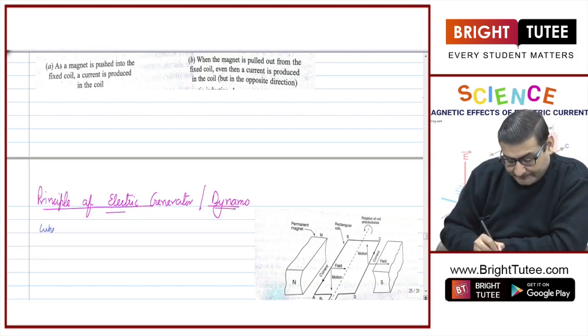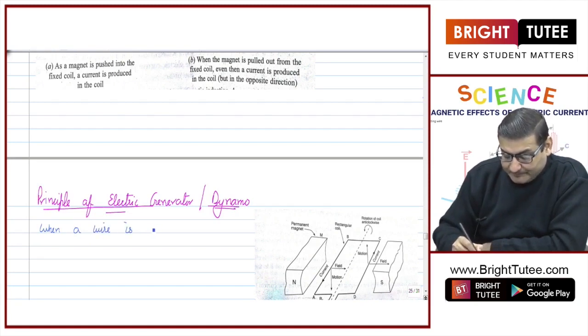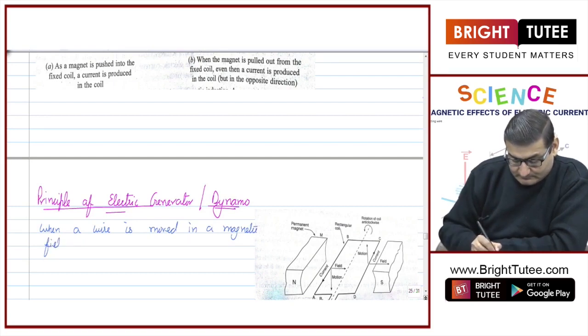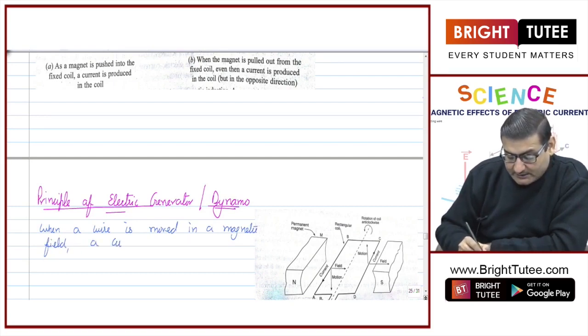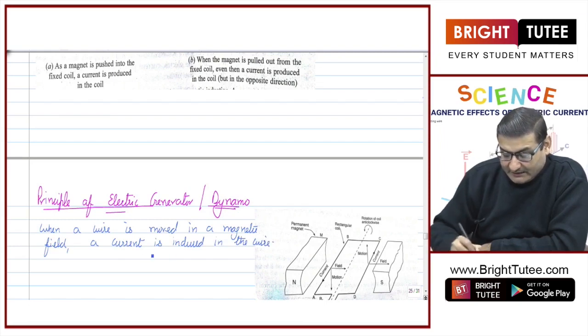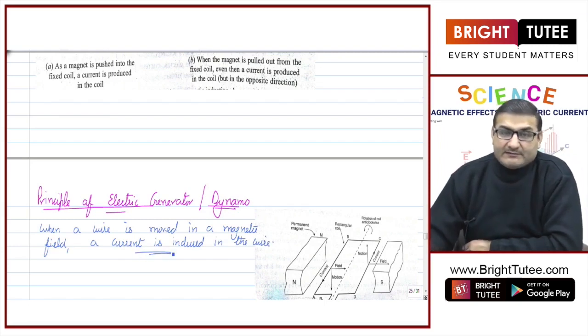That when a metallic wire is moved in a magnetic field, a current is induced in the coil, in the wire. Right? This is the principle of electric generator.